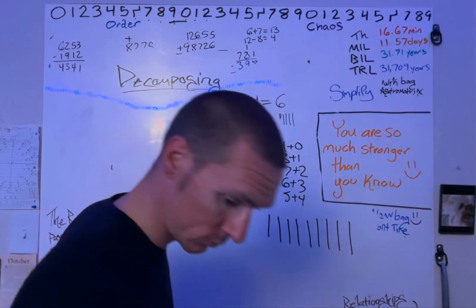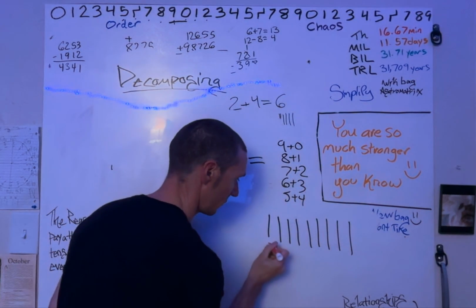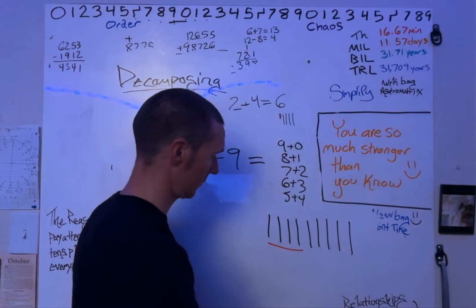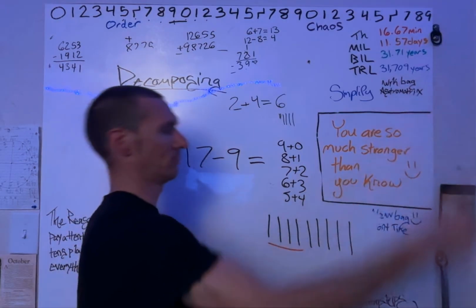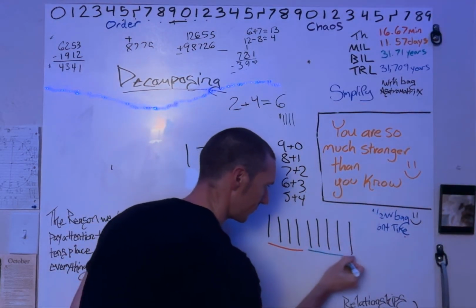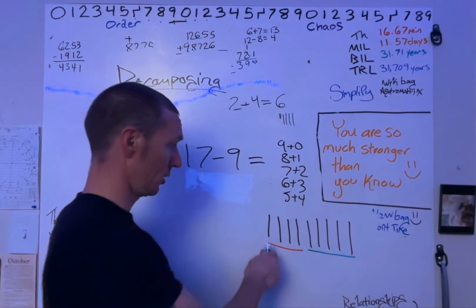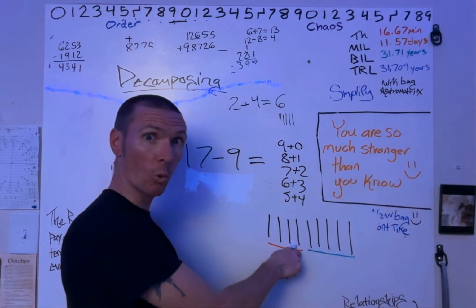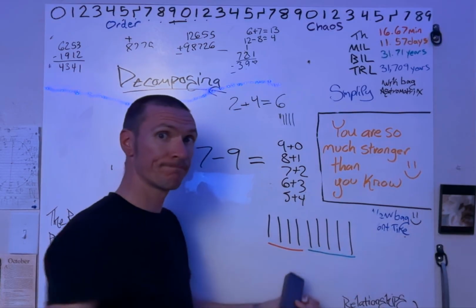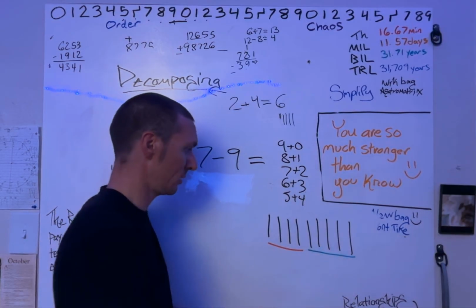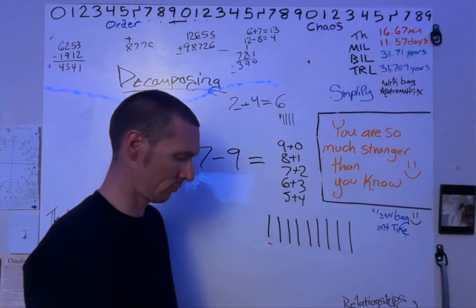Well, we're just going to break those 9 up. 1, 2, 3, 4. 1, 2, 3, 4, 5. It's still just 9. You're just changing how many you're grouping together.